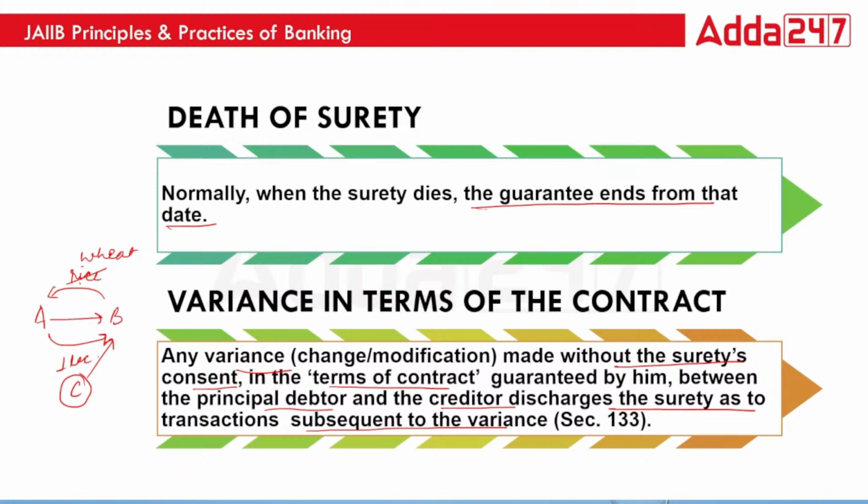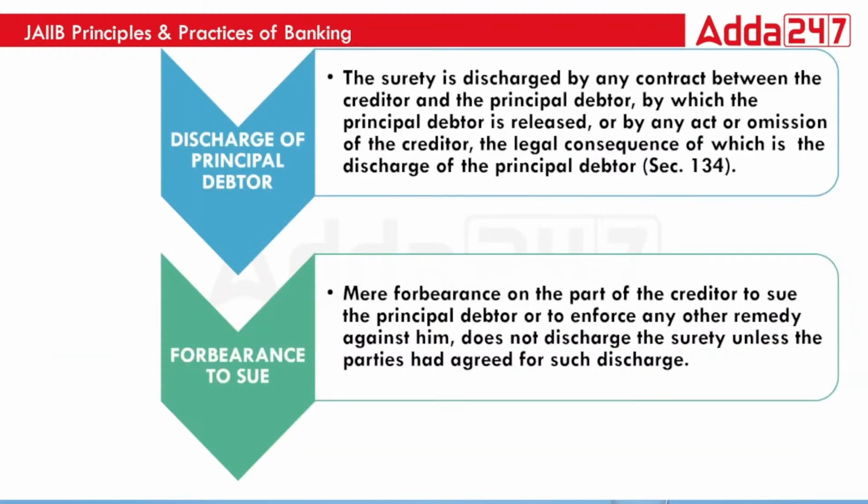He had agreed to a transaction where rice was sold for 1 lakh rupees. So if any change is made after the contract, this will discharge the surety of that particular transaction.